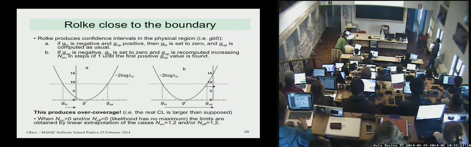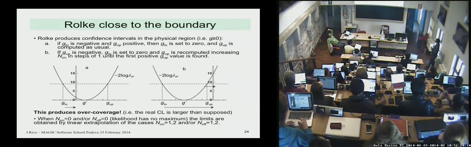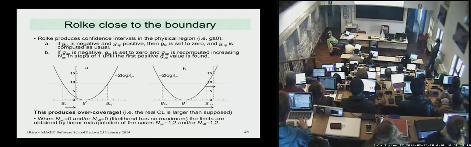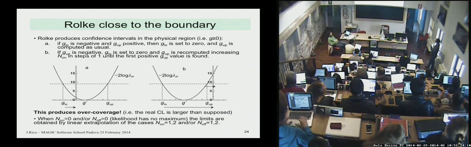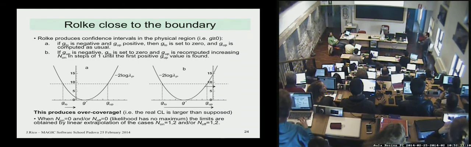So the minimum, for example, in this case, when you are getting the absolute minimum negative, this other method would take this value as the minimum, because it's the minimum in the physical region, and then compute this delta log gamma lambda with respect to this value. So it would compute this 9 with respect to 15. So it would go up to 24. This is another possibility. But it produces over coverage too.